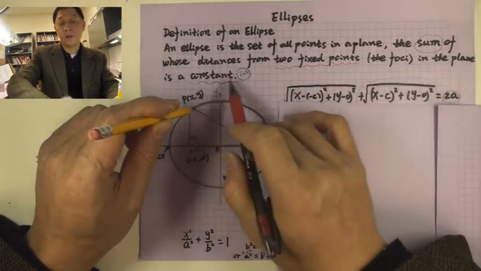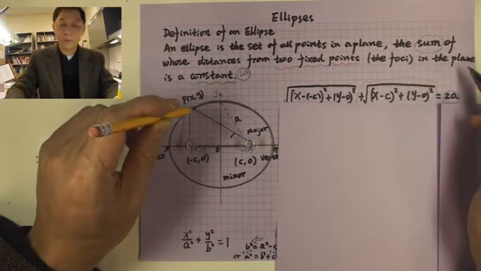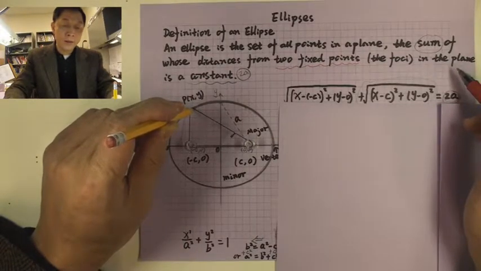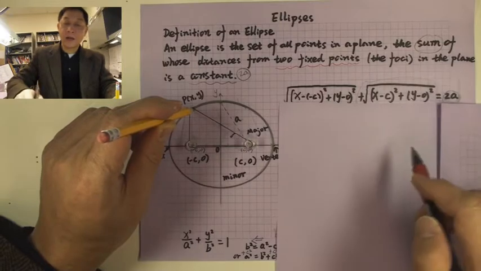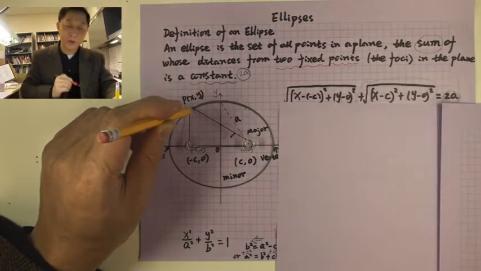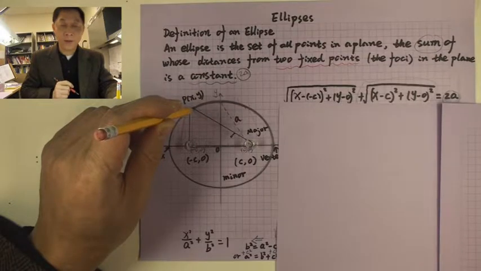That's a constant. We assume it's 2a. Alright, now let's find out. You know, this equation is a very ugly equation. Now, let's find out a beautiful equation.